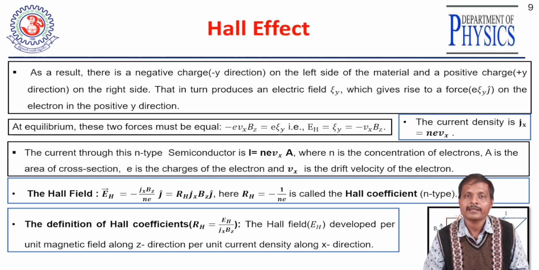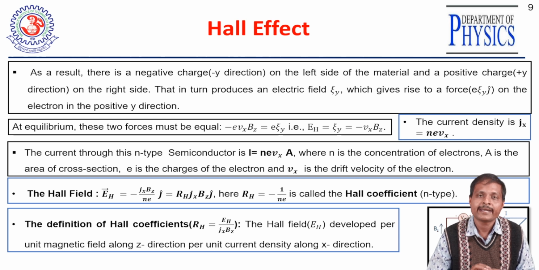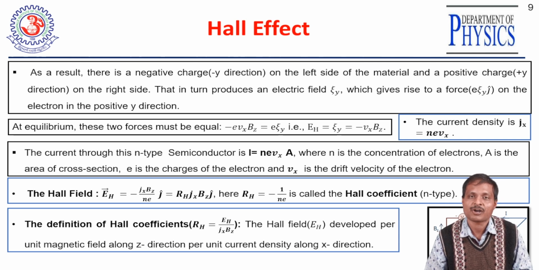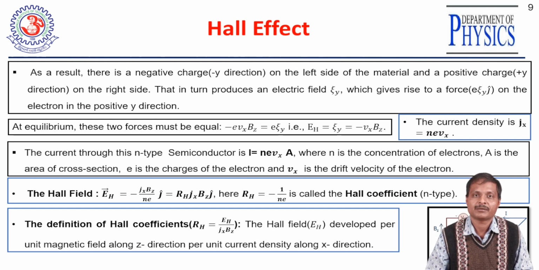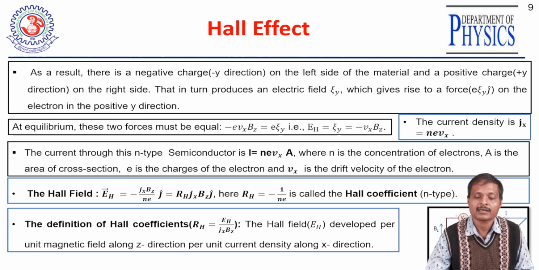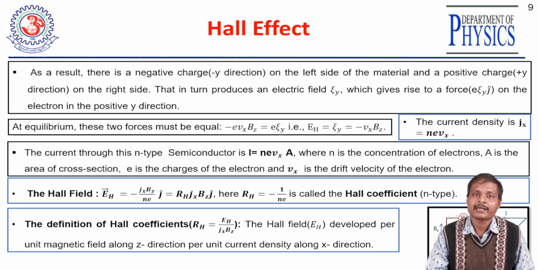This RH determines whether the material is an n-type or p-type semiconductor. For an n-type semiconductor, RH is negative, but for a p-type semiconductor, RH is positive, because in a p-type semiconductor the majority carriers are holes.